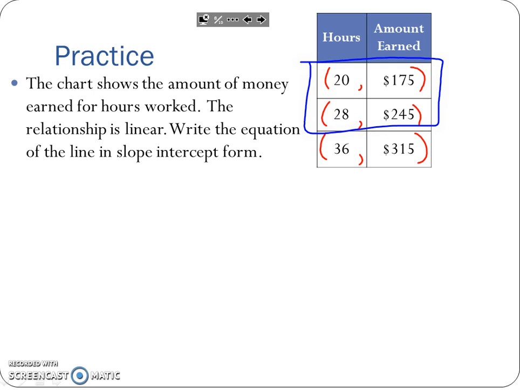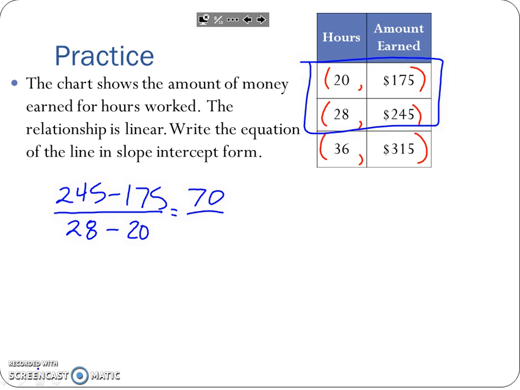So I'm going to go y sub 2 minus y sub 1 over x sub 2 minus x sub 1. Okay, 245 minus 175. So that'd be 25, 30, 70, I think. Oh, I should have grabbed a calculator. 70 and 8.